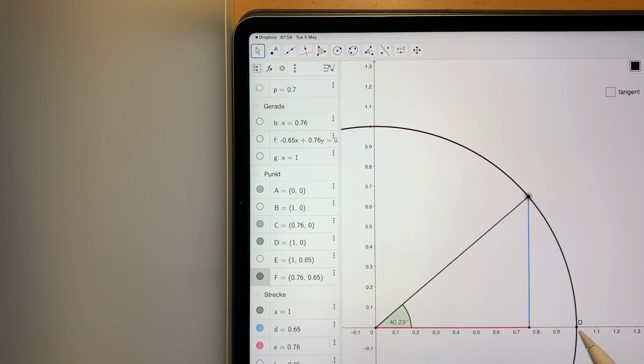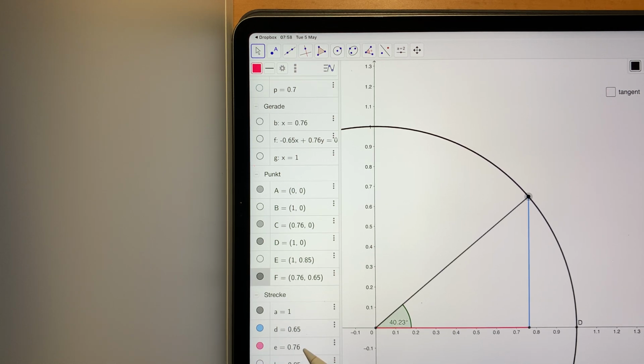You remember in year 4, we drew a quarter of a unit circle with a radius of 10 centimeters or 1 decimeter. Let's say this is 10 centimeters. Then for 40.23 degrees, the cosine is 0.78 or something, okay? You could read it off here. So it's 0.76.